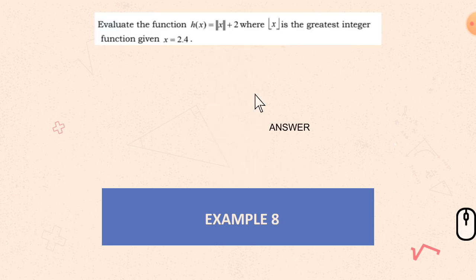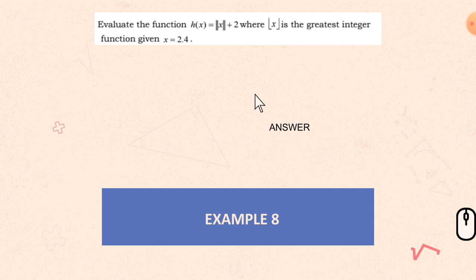Next, example number 8. Evaluate the function h of x is equal to, ayan yung greatest integer function. Plus 2, x plus 2 is equal to, where x is the greatest integer function given x is equal to 2.4.